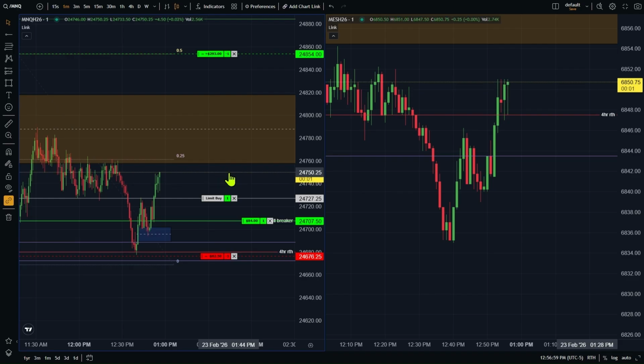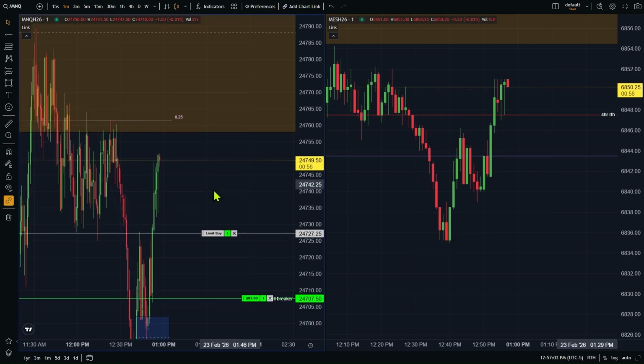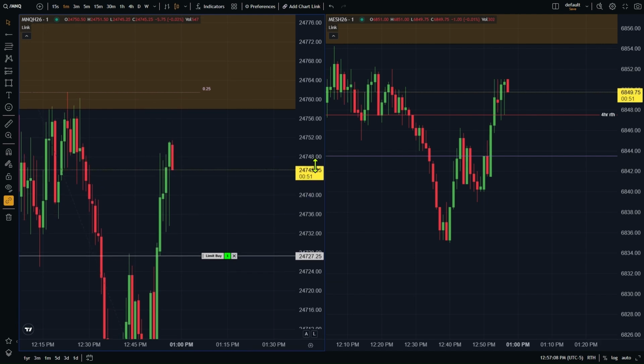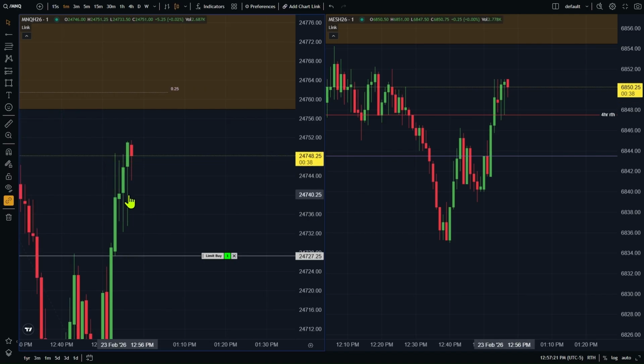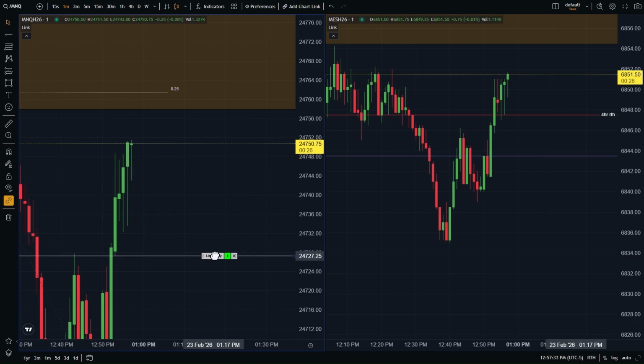You're not going to fill me. Should I chase it all the way to there? That would add quite a bit of risk, at least $200 to the risk. Half this candle wick. If I want another one in, I'm going to have to move it up. There's just no way. But no, I don't think I'm going to.